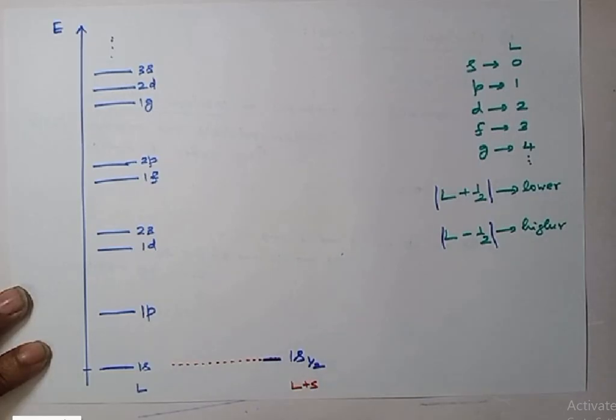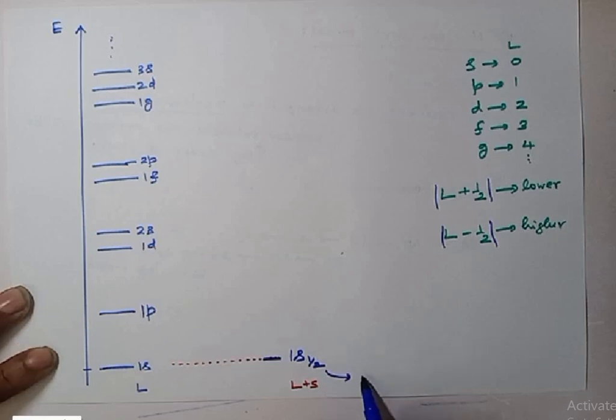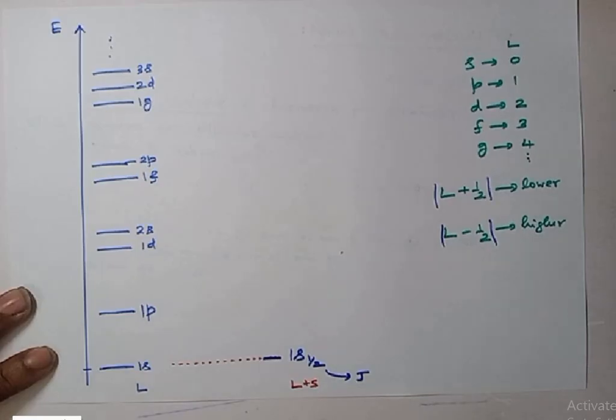It remains as such, as 1s half. So after LS coupling, the 1s level remains as 1s, but we put a half symbol here. This half is nothing but the J value. It is the sum of L plus S, the J value.